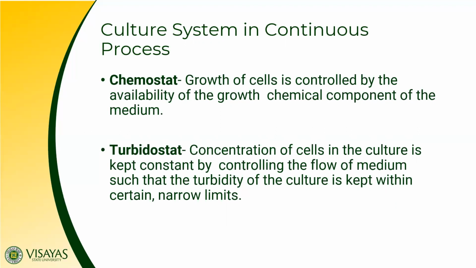While the turbidostat is where the concentration of cells in the culture is kept constant. So how is it controlled? By the flow of the medium, so that the turbidity of the culture is kept within certain narrow limits. There is a turbidity probe in the bioreactor that indicates how turbid the culture is, or the concentration of the cells in the vessel, because the microorganisms will keep on producing and growing.